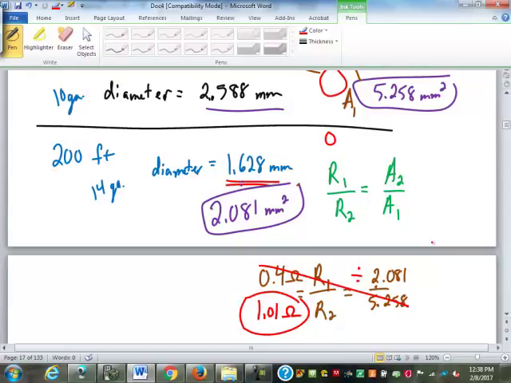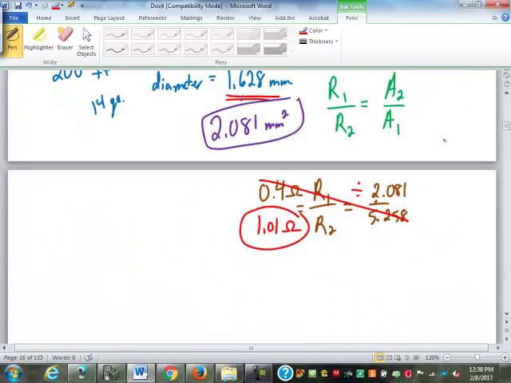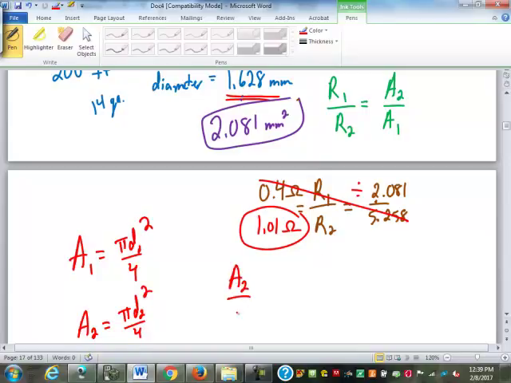Now, rather than calculating the area, let's look at this formula right here for a second. Area 1 is equal to pi times diameter 1 squared over 4. Area 2 is pi times diameter 2 squared over 4. So that ratio, area 2 over area 1, is pi times diameter 2 squared over 4 over pi times diameter 1 squared over 4.